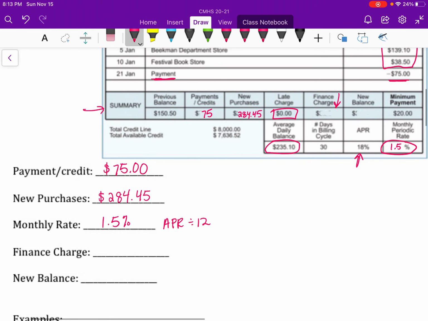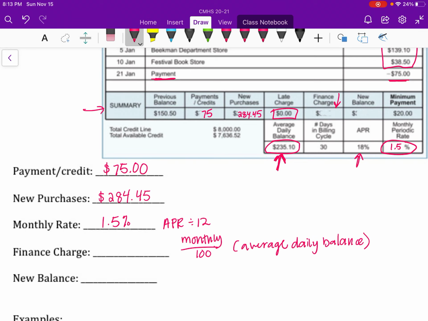Now we can find the finance charge. So remember, the finance charge is the monthly rate over 100 times the average daily balance, which is again right here.